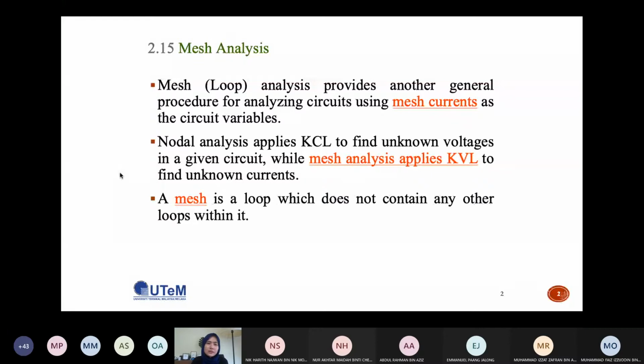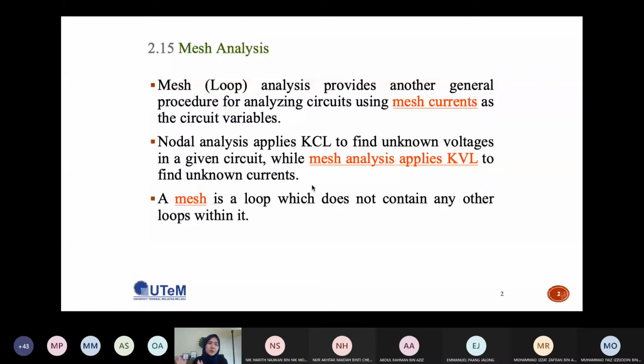However, for mesh analysis, we use KVL, which is Kirchhoff voltage law. I hope you still remember what KCL and KVL are. Nodal analysis applies KCL to find unknown voltages, while mesh analysis applies KVL to find unknown currents.